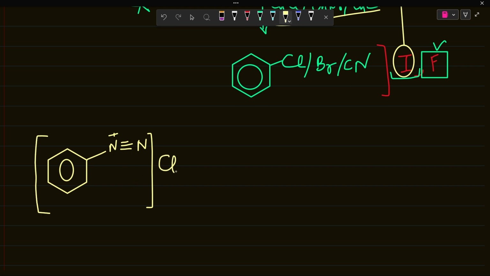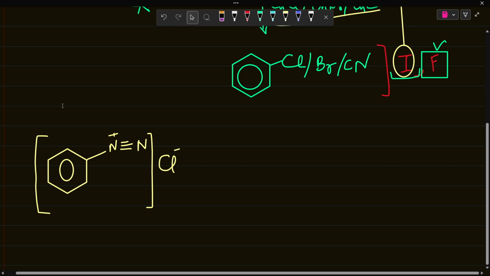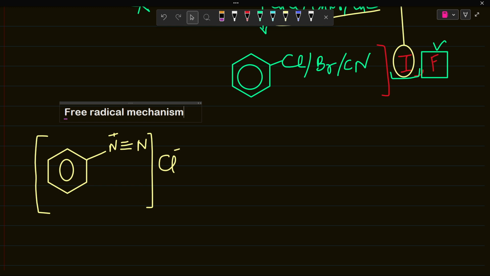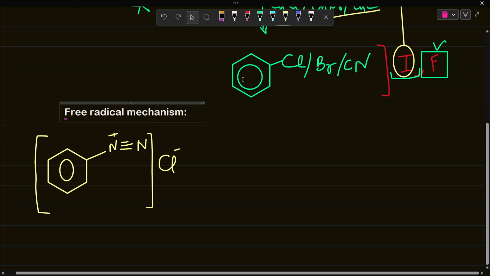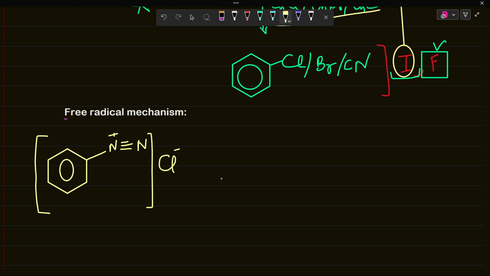This reaction follows a free radical mechanism. If it follows that, then we will have to generate two free radicals. In this step, we will be generating the first free radical. CuCl is used as a catalyst.